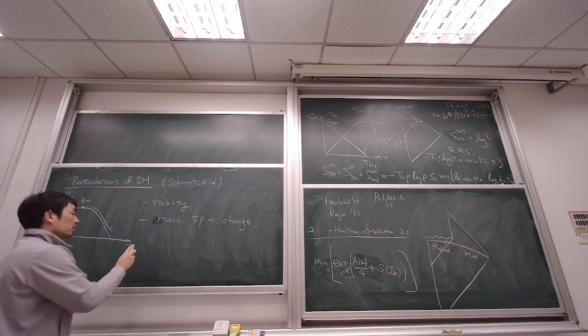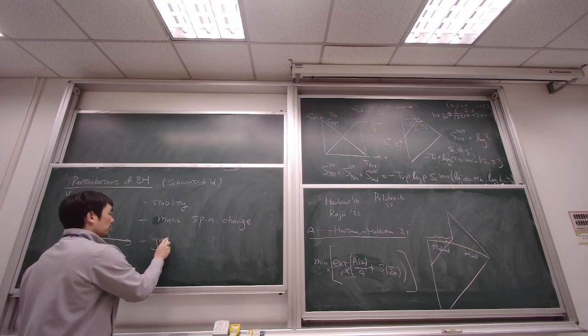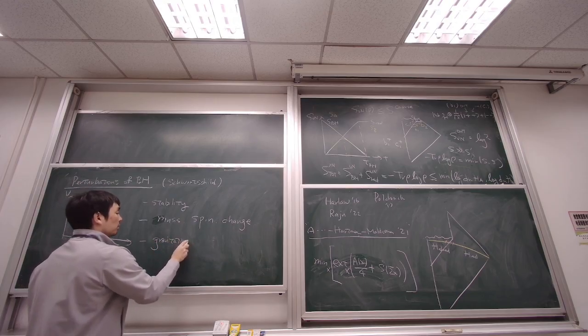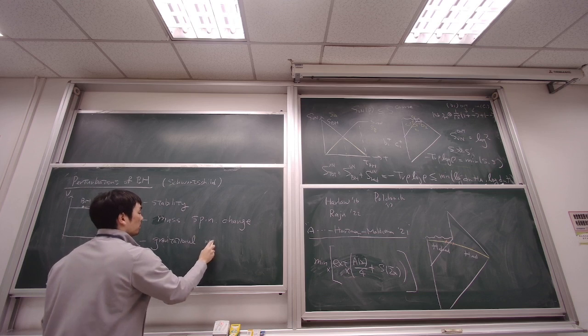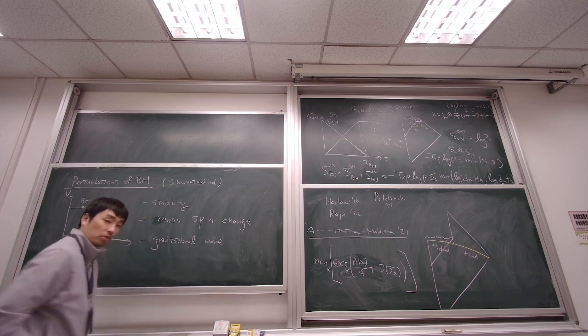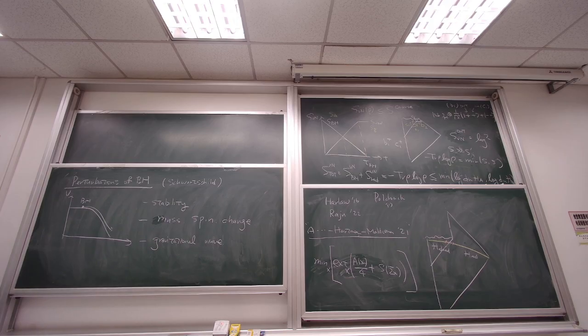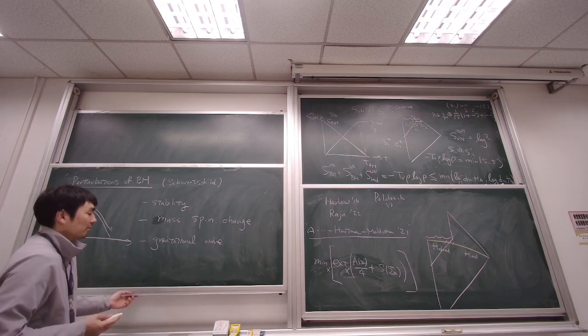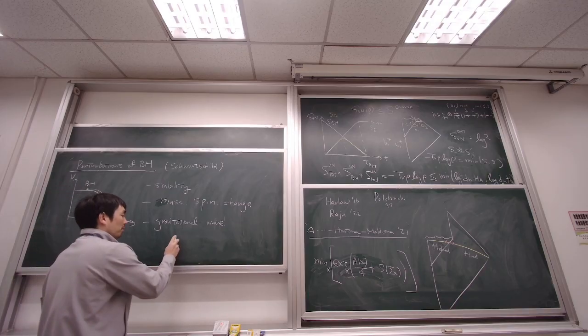And also gravitational waves. A long time ago, I don't remember when, more than 8 years ago, almost 10 years ago, I guess, LIGO detected gravitational waves from a binary black hole merger.